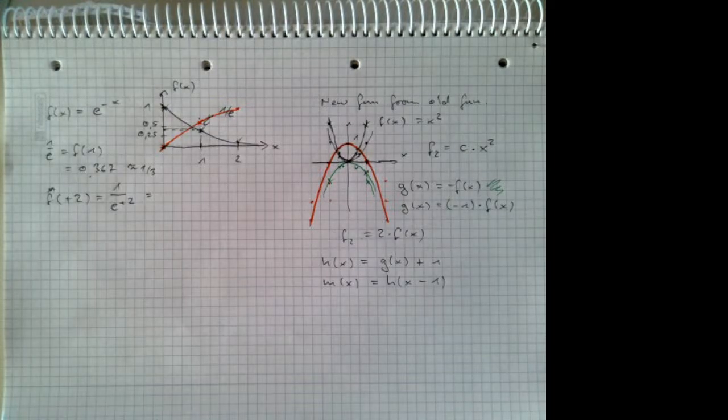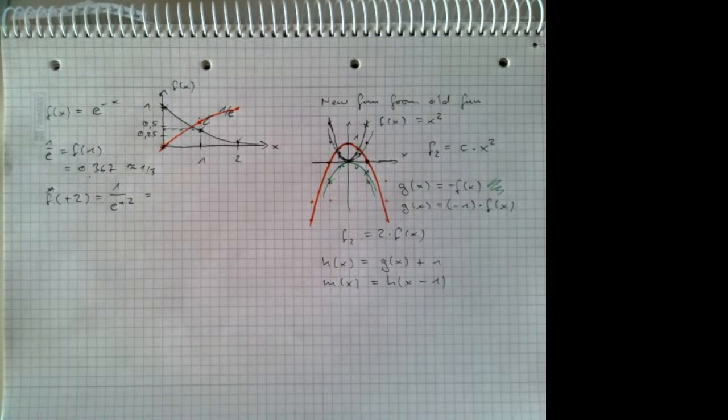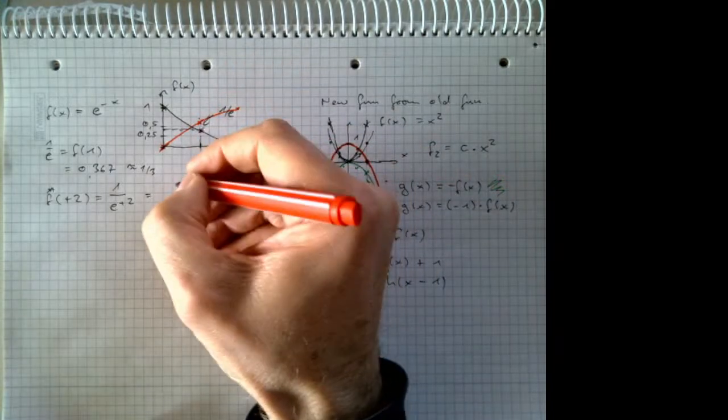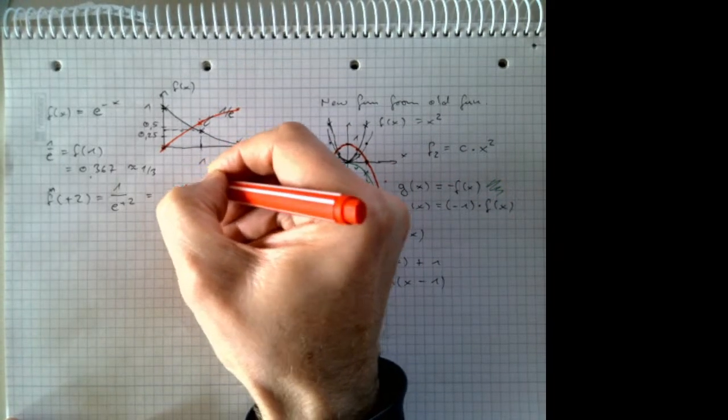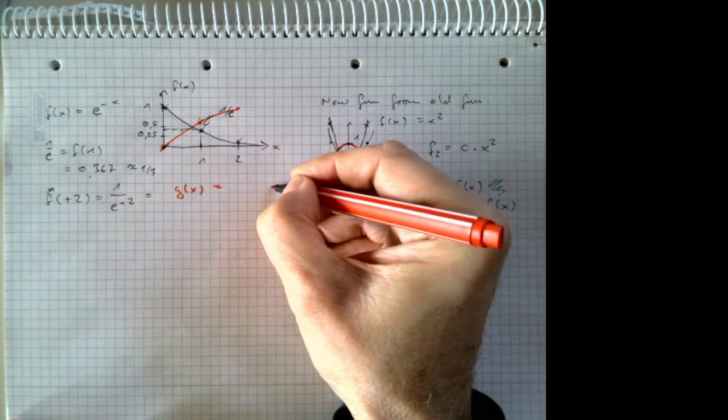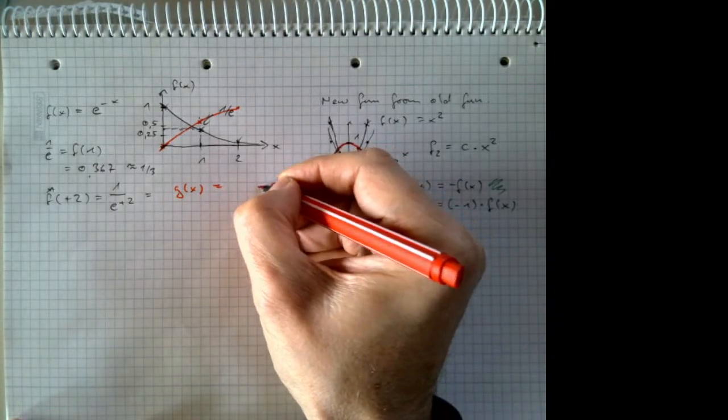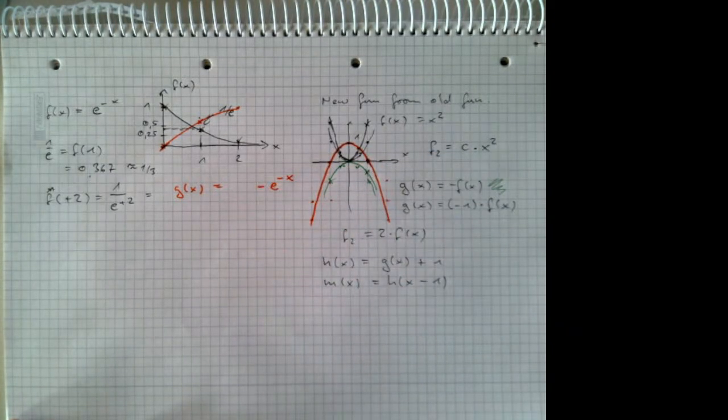And then what you said, now we lift it by 1 because we don't want to start at negative 1, we want to start at 1. Do you get it? So the red curve now is, let's say, g of x: we start with our old function, we multiply it with negative 1, and then we add another 1.